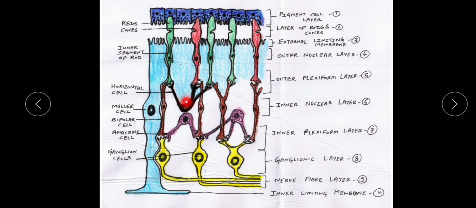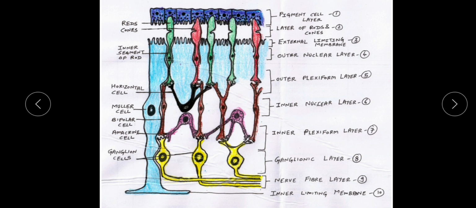So the processes of all these cells combine and form a network, and that lies in the outer plexiform layer. After that, the sixth layer again contains the nuclei of the bipolar cells, shown here in brown color, and that is the inner nuclear layer.